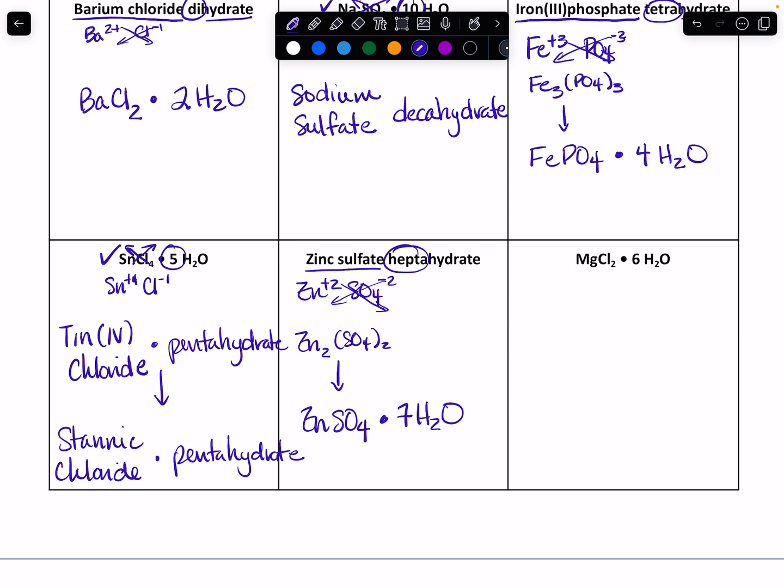So ZnSO4 dot 7H2O. And then the last one, MgCl2. Reverse the crisscross: Mg is +2, Cl is -1. Those are in fact the correct charges for both, so no simplification has happened. So we just name it: magnesium chloride, and then 6 tells me hexa, and then hydrate.